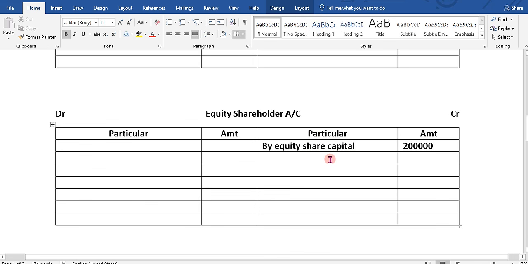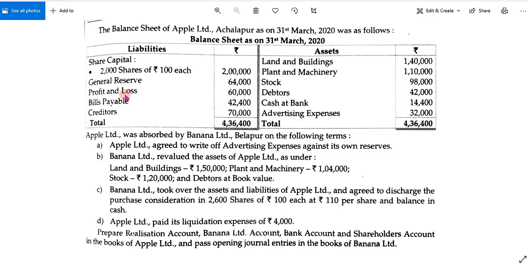Now after this you will note down the general reserves, that is 64,000, in the equity share account, and profit and loss account 60,000. Now if we are posting general reserve in the equity share account, there is an adjustment: Apple Limited agreed to write off advertising expenses against its own reserve. So general reserves are its own reserve, so reduce the advertisement expenses from general reserve. Advertisement expenses is 32,000.